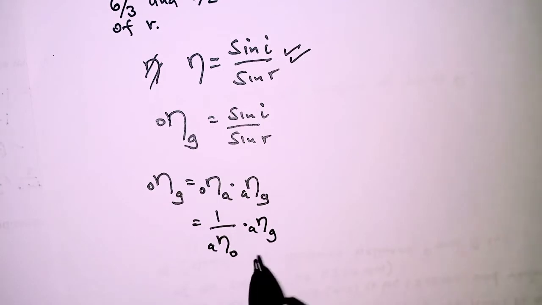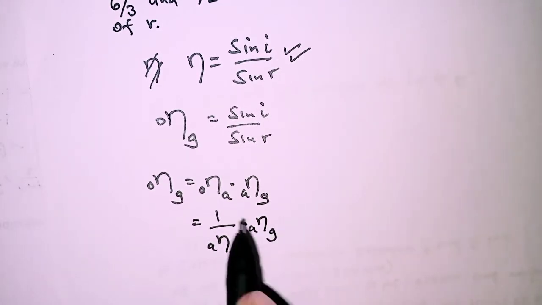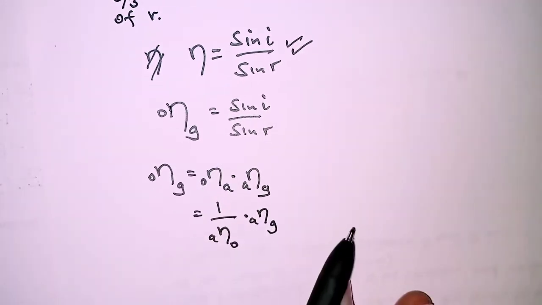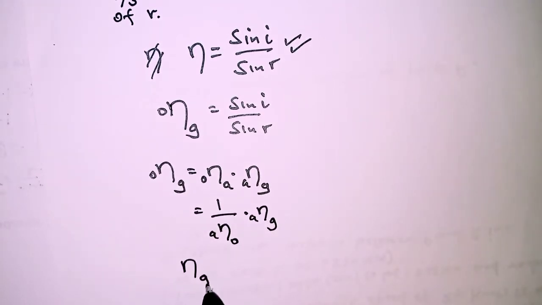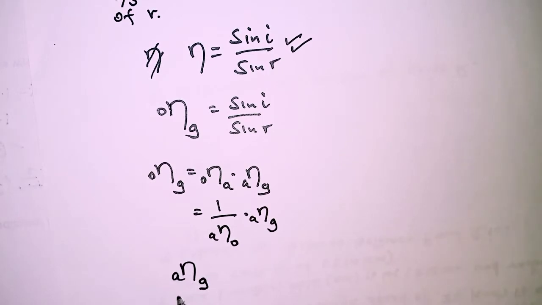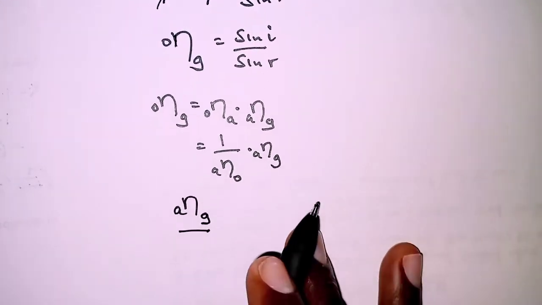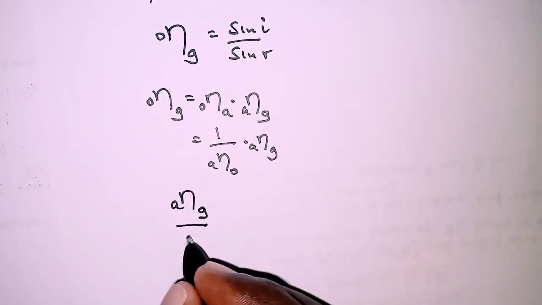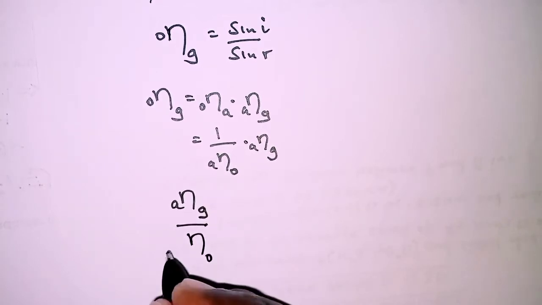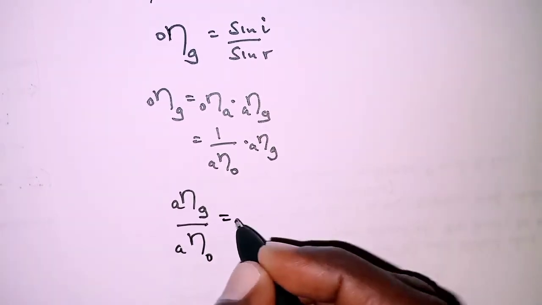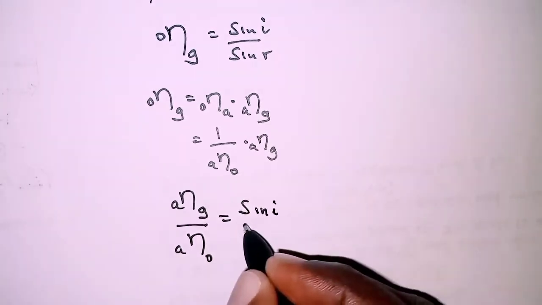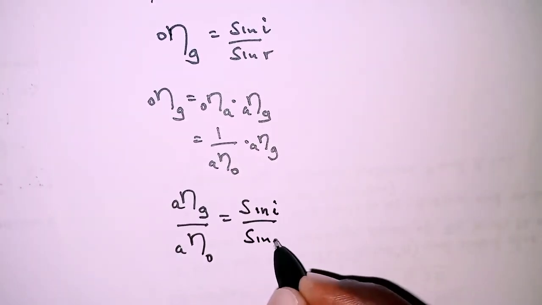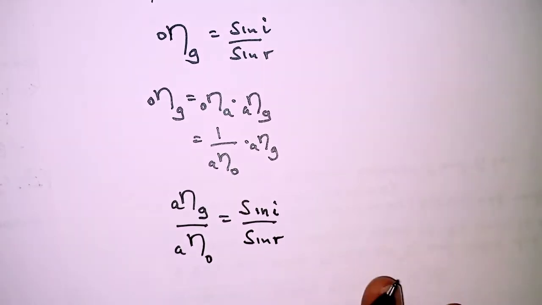So this simply means to the left hand side of this equation, we are going to have refractive index of glass with respect to air all over the refractive index of oil with respect to air, that equated to sine of the angle of incidence over sine of the angle of refraction.